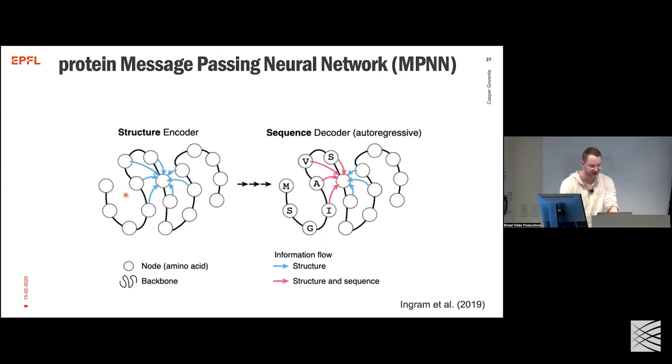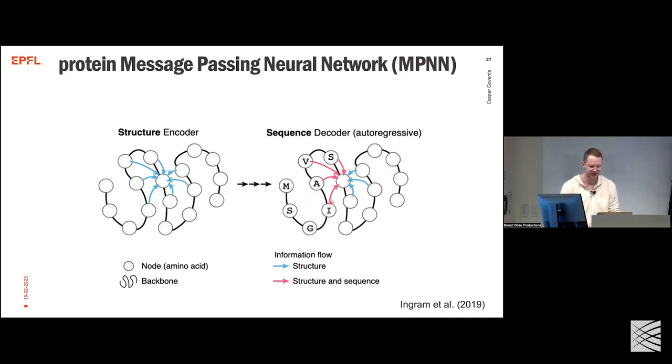Then we first do an encoding step of the structure. We represent each amino acid as a node. The distances between the nodes are represented as edges. Then we allow each residue to see the 48 closest neighbors, and we iterate and encode this structure as a latent vector. Next we start to decode this structure.